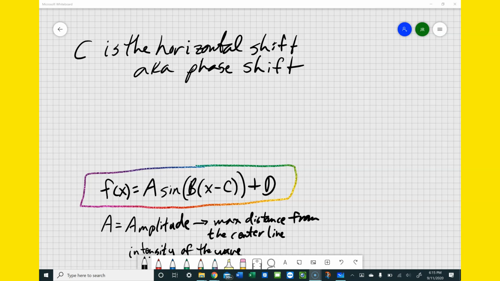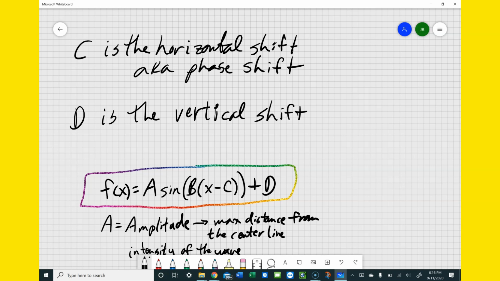All right. D is, you probably already know, the vertical shift. So it shifts it up and down, and it's real simple. It's exactly what it says. If you add 3, it just shifts the whole graph up by 3.